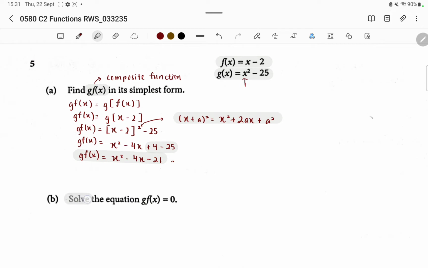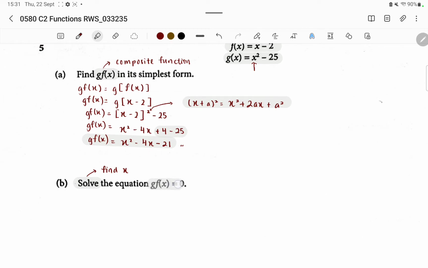Solve. Solve is always find x. So gf(x) equals 0. You just write down first: gf(x) equals 0, and then copy down this one, x squared minus 4x minus 21 equals 0.